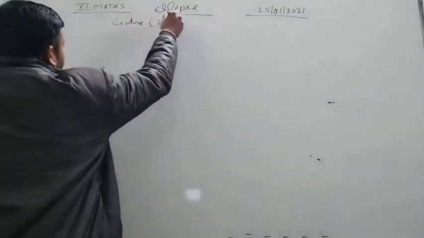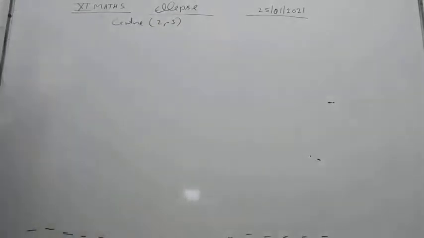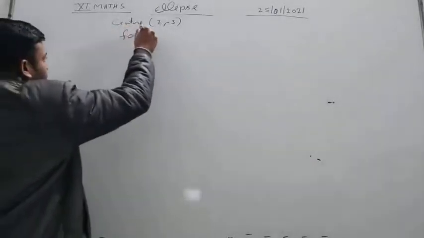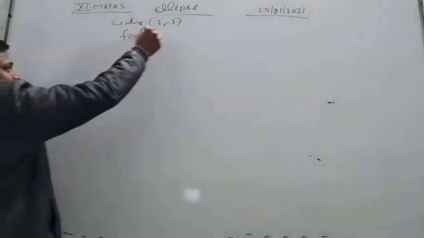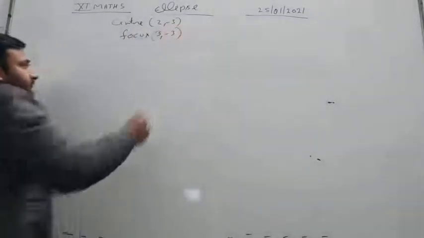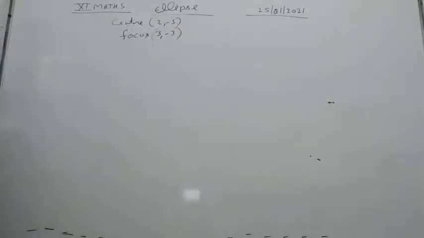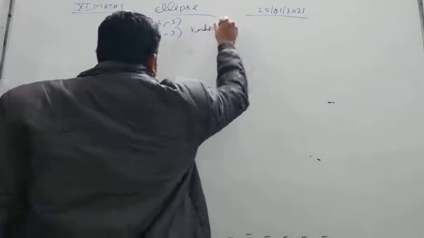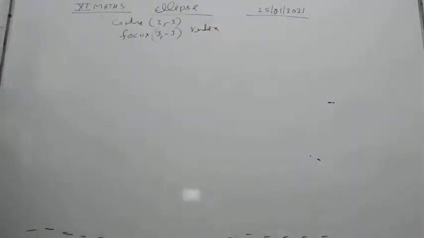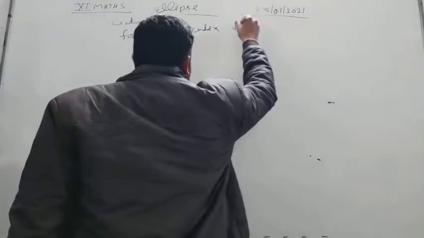The center is (2, minus 3), a focus is at (3, minus 3), and a vertex is at (4, minus 3).